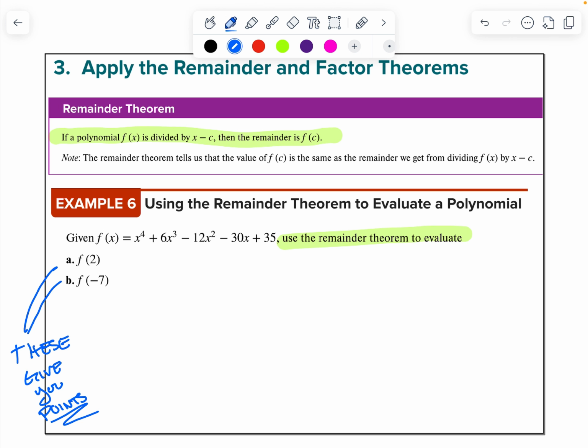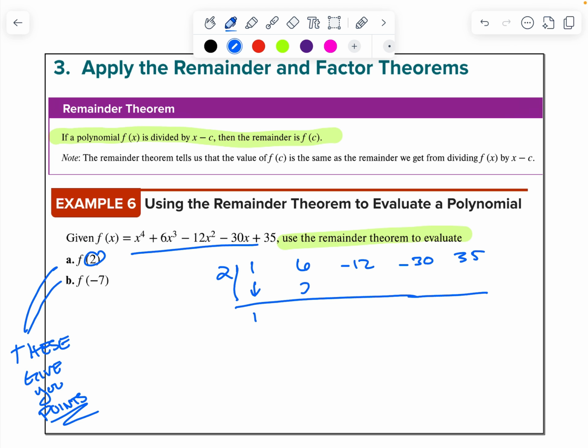So if we wanted to use the remainder theorem to evaluate, what you're going to do on your test, on your quiz, is use synthetic division. If I want to find f of 2, I'm going to put a 2 on the outside. Then I'm going to put my coefficients on the inside, making sure I go in descending order. So there's 1x to the 4th, 6x to the 3rd, -12x squared, -30x, 35.